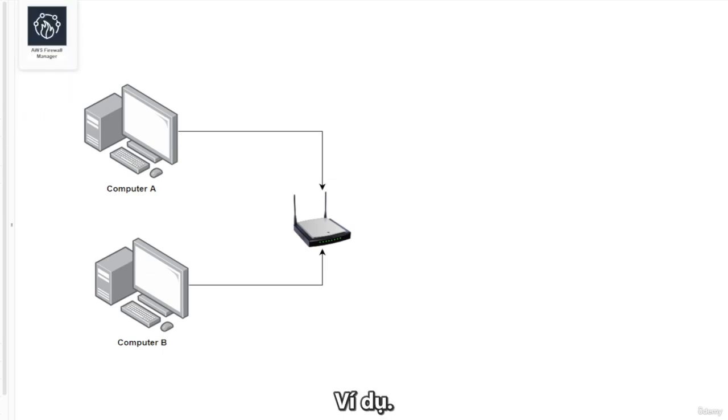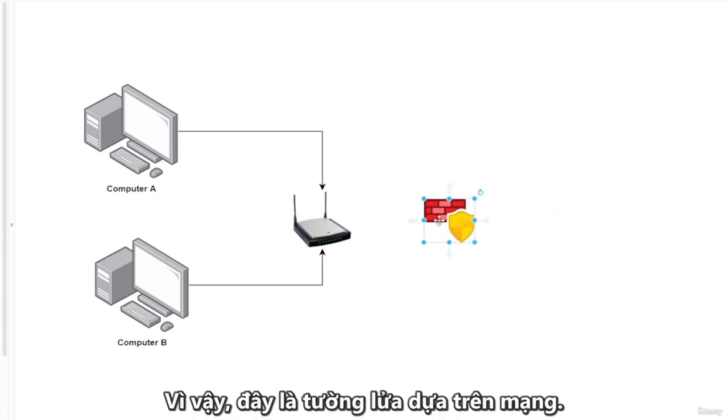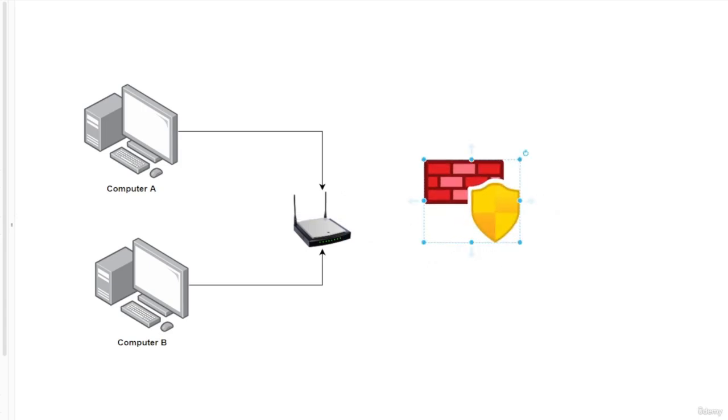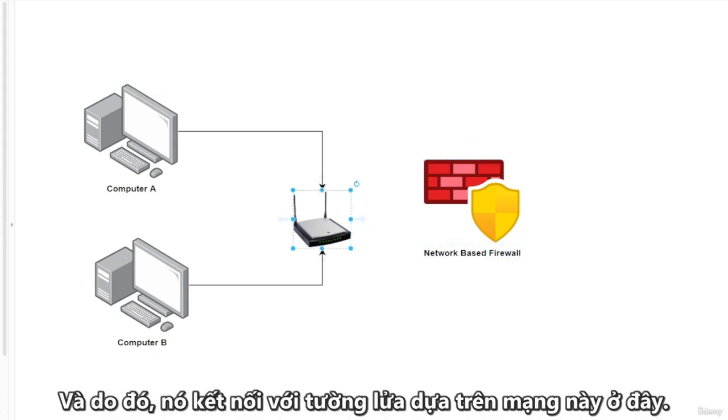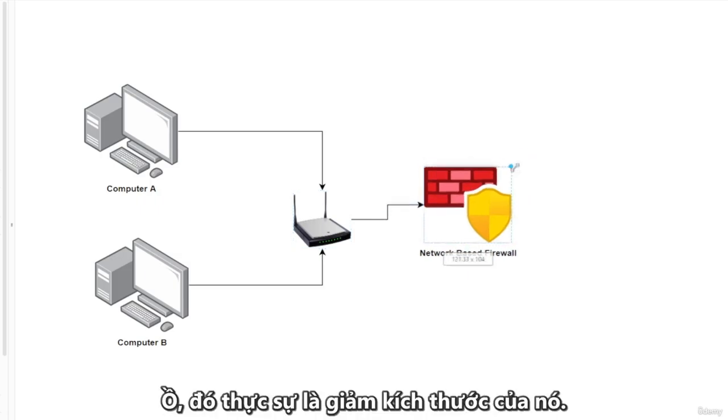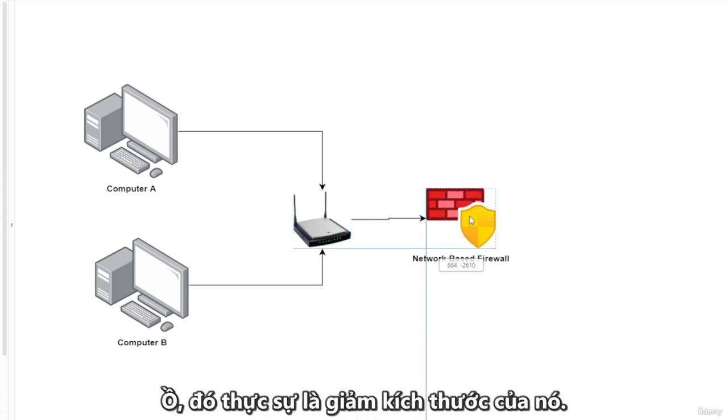So this is the network-based firewall. Let's make it bolder. This router connects to this network-based firewall here. Let's decrease this size a little bit.